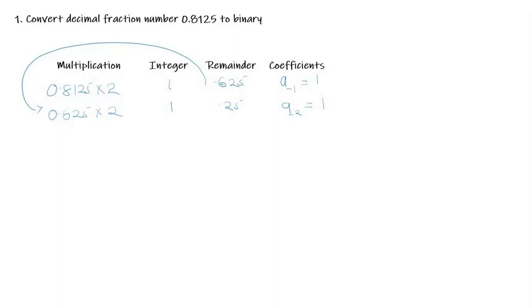Again, carry the remainder: 0.25 multiplied by 2 gives me 0.5. So the integer in this case is 0, and the remainder is 0.5. So the coefficient a minus 3 is equivalent to 0.